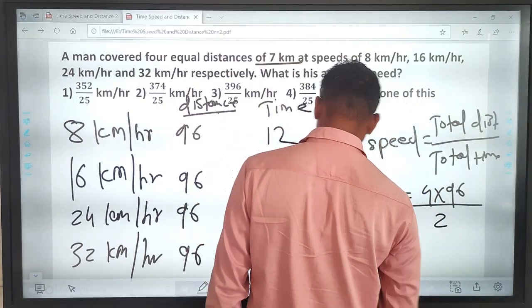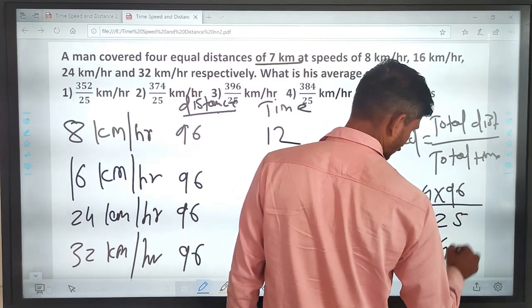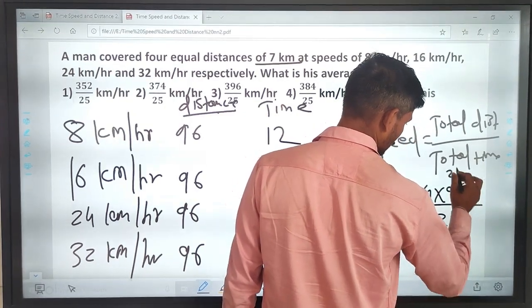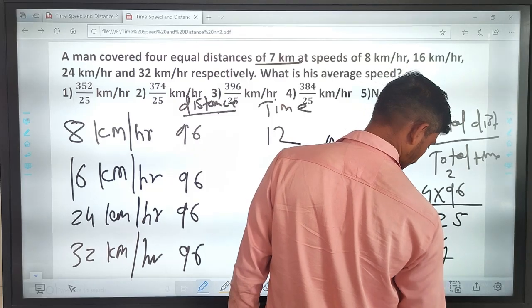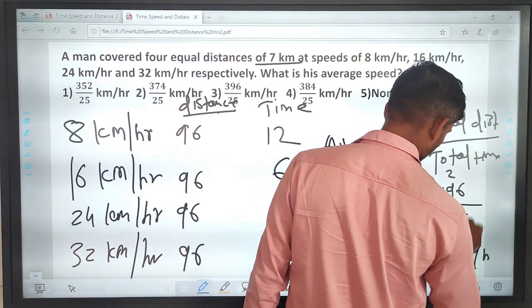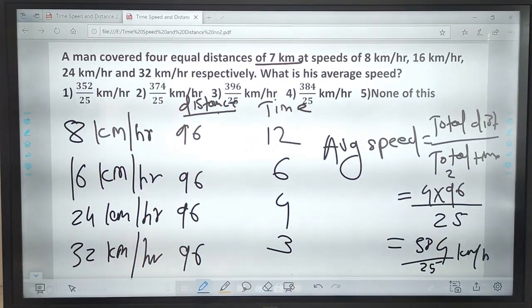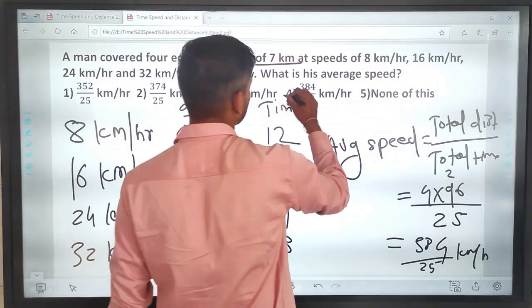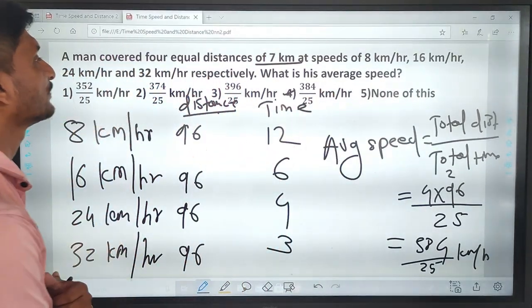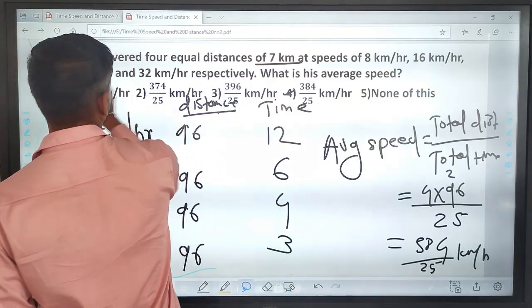Here total time is 25. Now the average speed is 384 divided by 25 km per hour.